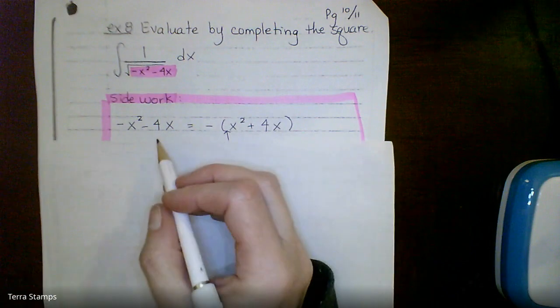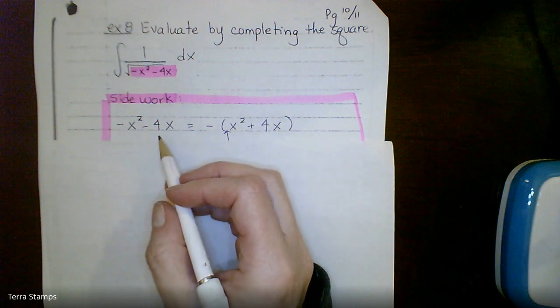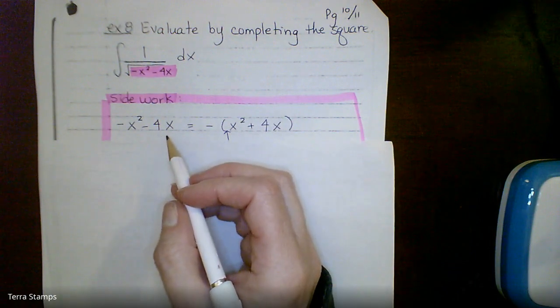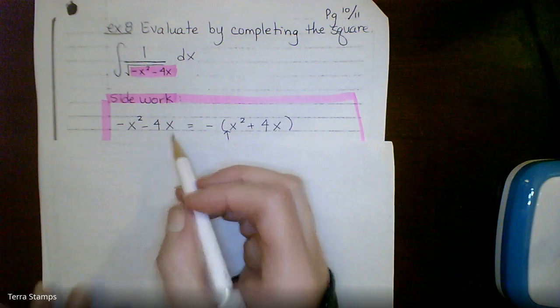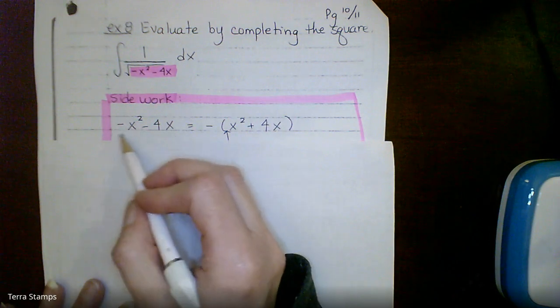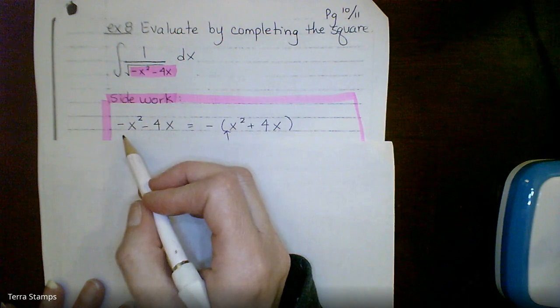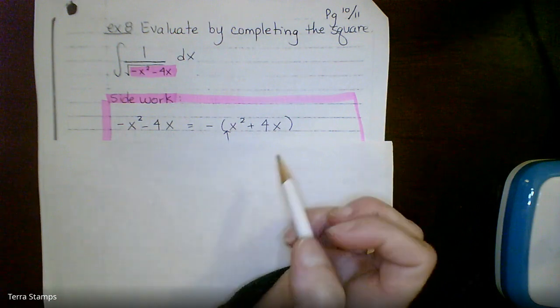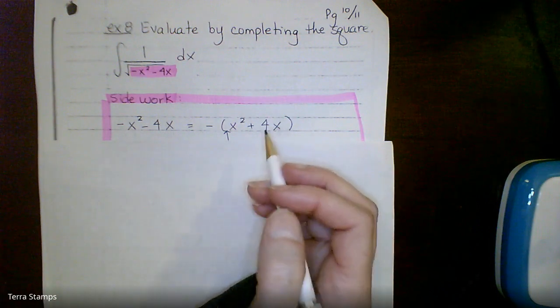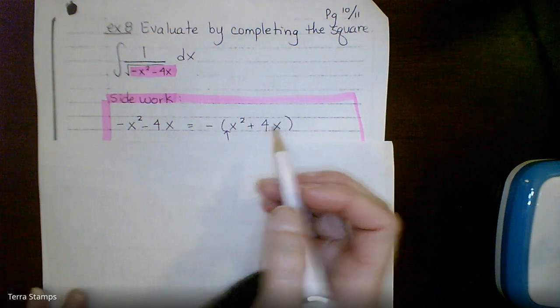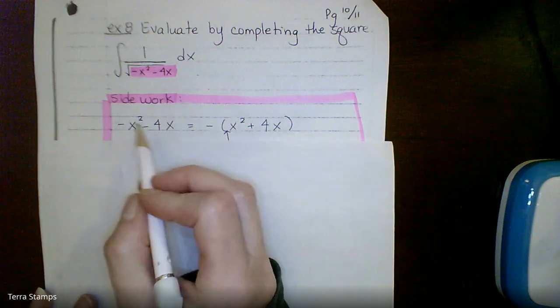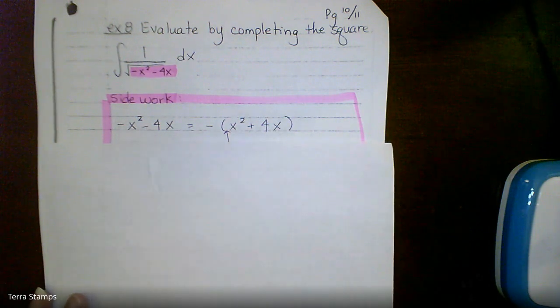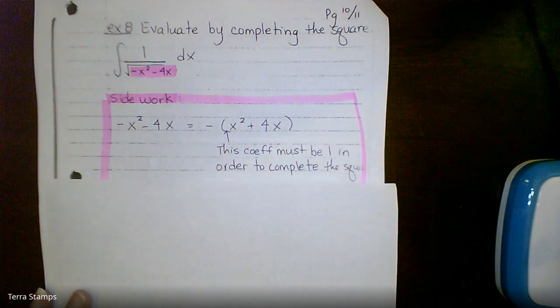Before you can complete the square, one thing we have not had to contend with yet, is that this leading coefficient must be a 1 in order for us to be able to do that nifty little taking half and squaring it trick. So I'm going to have to factor out a -1 from both of those.